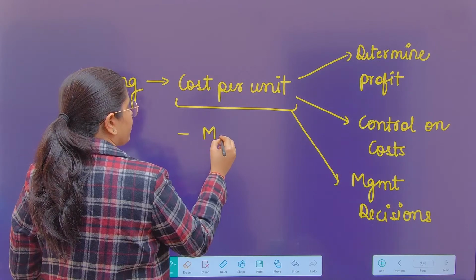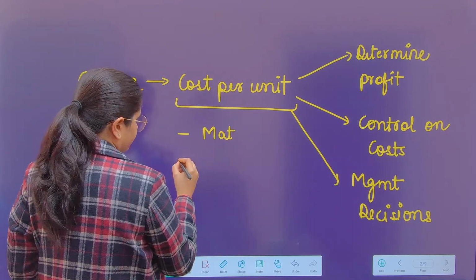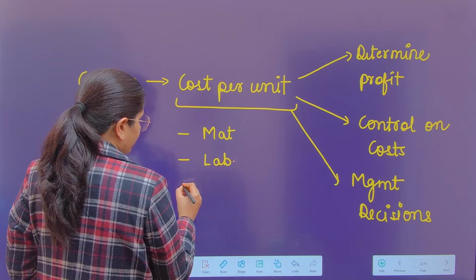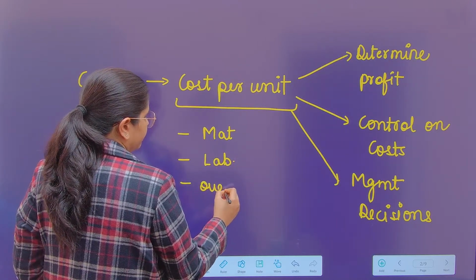So my elements of cost are material, labor, overheads.